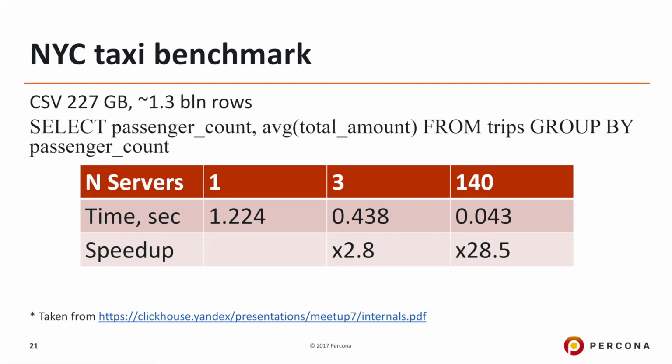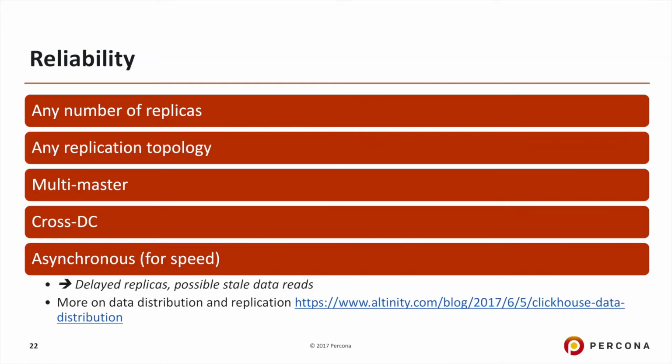With performance, ClickHouse also provides a great level of reliability, because this was one of the requirements for Yandex. ClickHouse provides a number of replicas and complex replication topologies. It provides multi-master replication and also cross-data center replication. But it is also asynchronous.